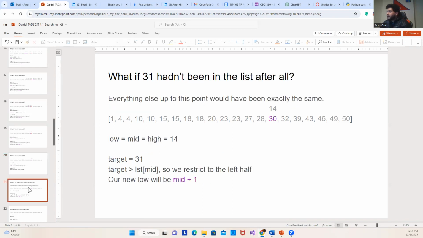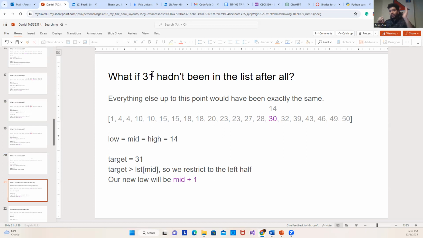And if we are able to do that, then I think we can solve the problem. So one thing we want to understand here is that there could be cases where 31 might not be present in the list, right? So when do we want to continue doing this?